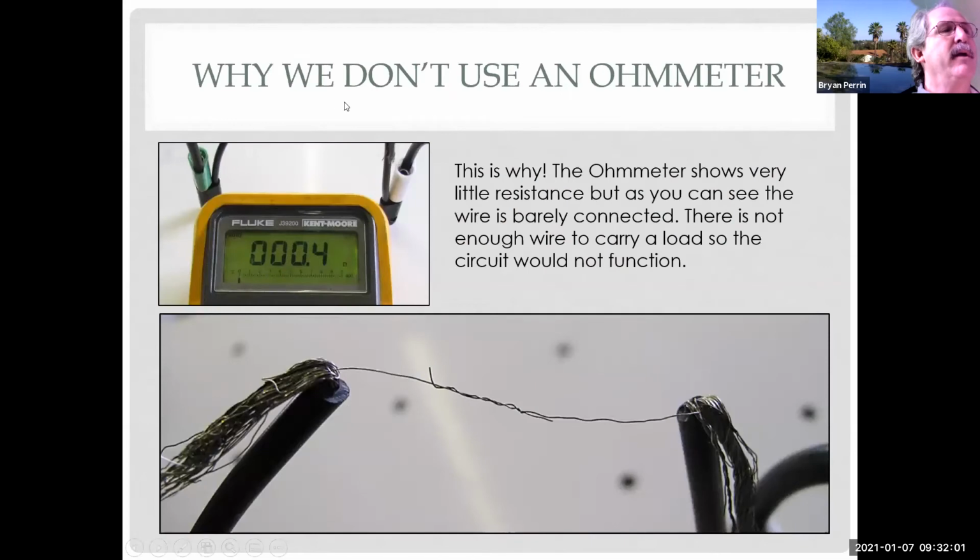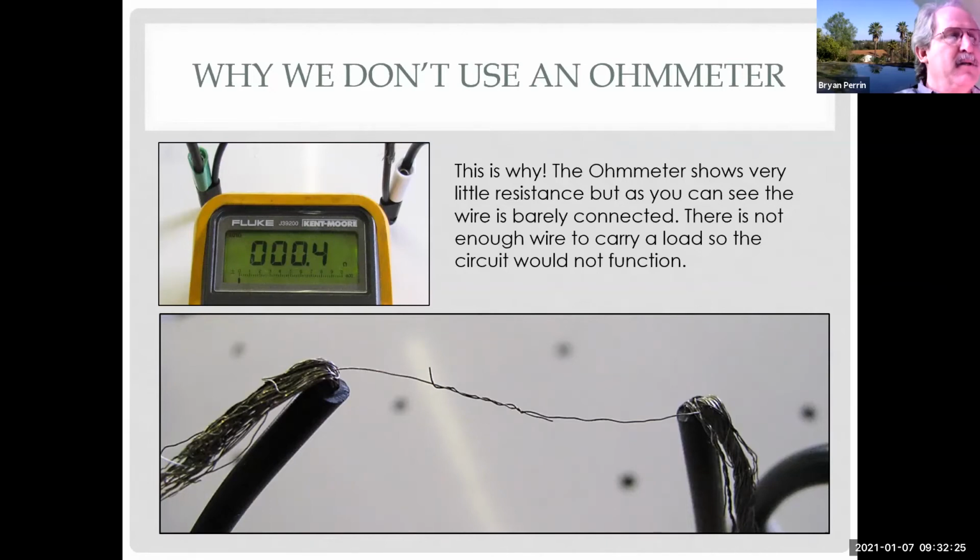So here is an ohm meter. And what I'm looking at here is I've zoomed in on a wire and I've taken all the strands apart and twisted just one little strand together. And my ohm meter reads 0.4 ohms. To put that in perspective, GM says that if it's 5 ohms or less, it's not a problem.